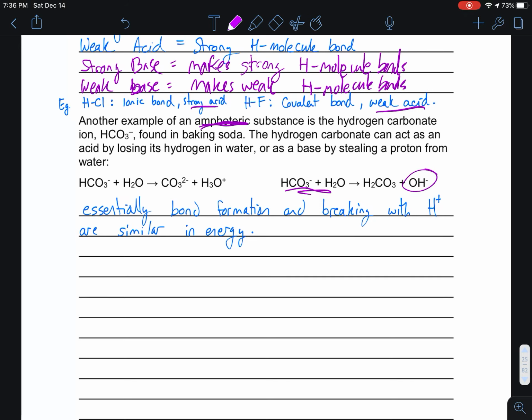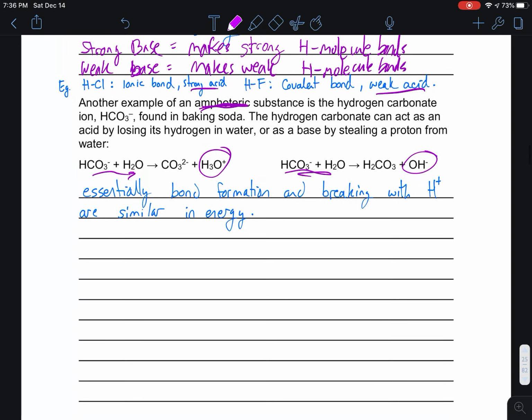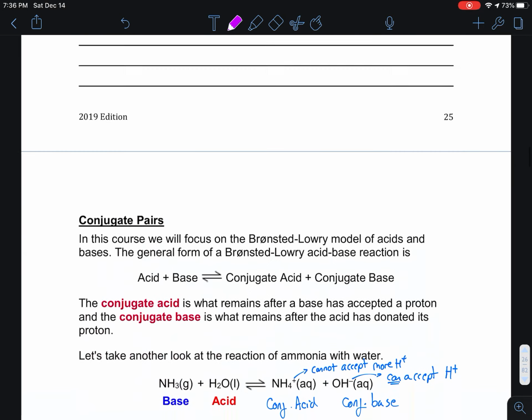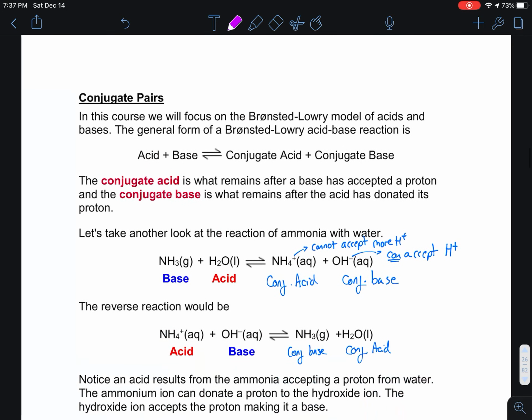So here we have it stealing a hydrogen from water to form hydroxide. And here it is giving its hydrogen over, acting as an acid, so that hydrogen is really not particularly strongly held, so it can be released to water, but it also has this negative charge which allows it to steal a hydrogen from the water. And so that's called an amphoteric substance. There's quite a few of them, but this is one of the examples.